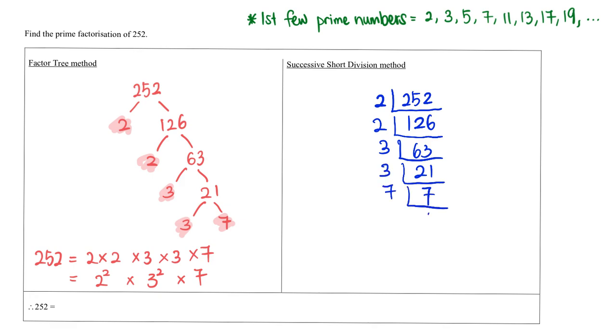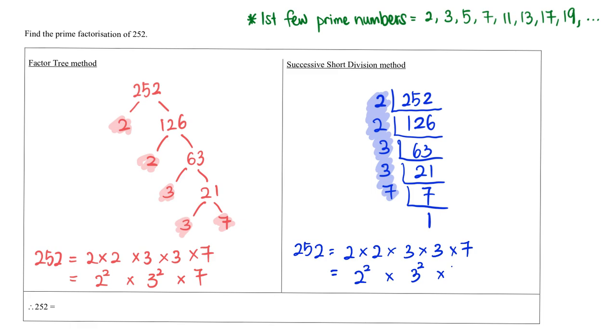And yes, for this method, the answer is all here, and it does give me back the same answer: 2 power 2 times 3 power 2 times 7. And so that will be the final answer.